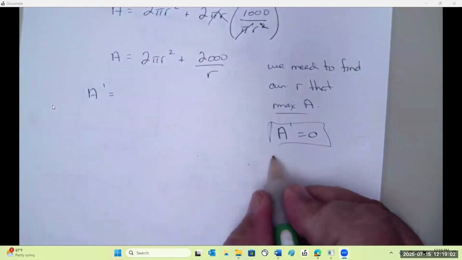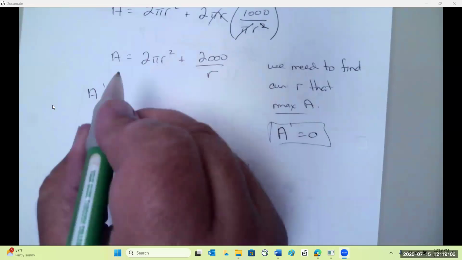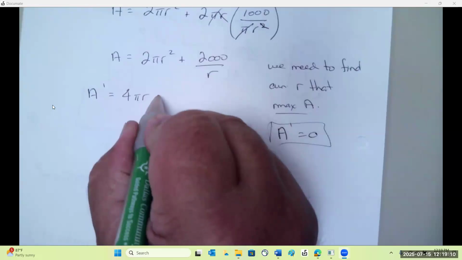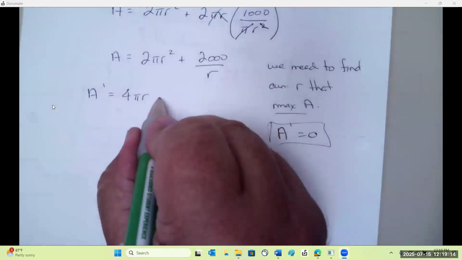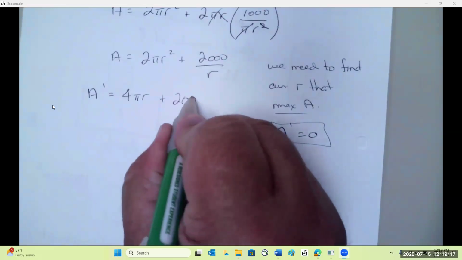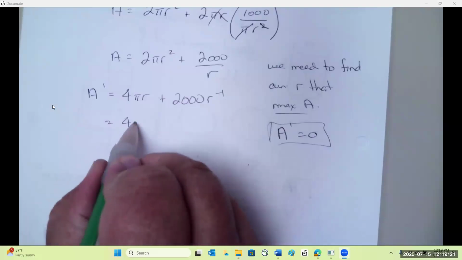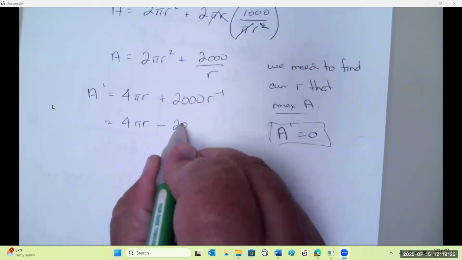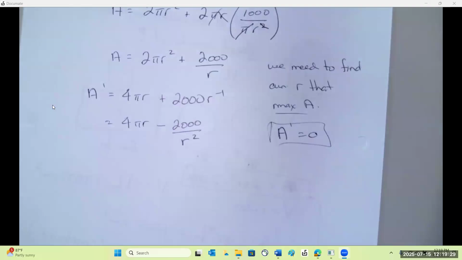Remember, A is a function of R. So we're taking the derivative with respect to R. So we have 4 pi R, plus 2000 R to the power negative 1, which gives negative 2000 over R squared.